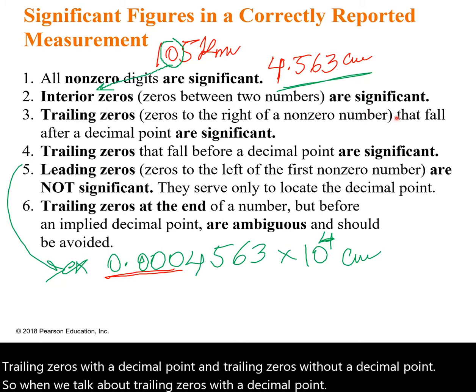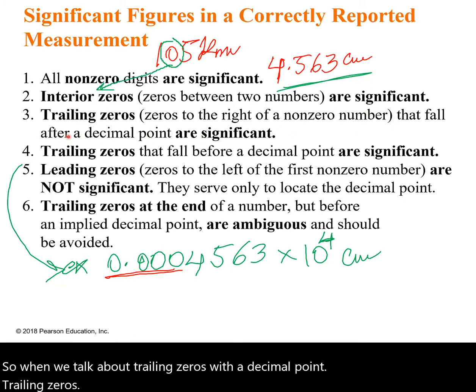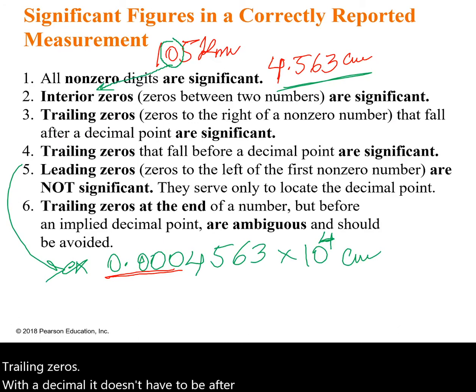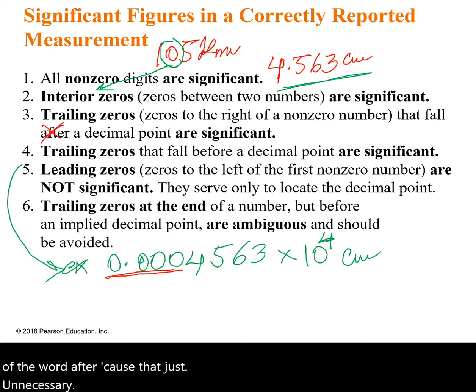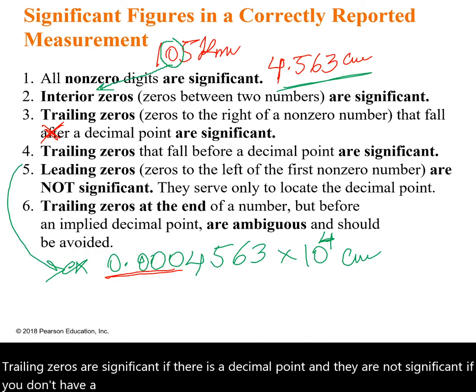It doesn't have to be after the decimal, so let me get rid of the word after, because that's unnecessary. Trailing zeros are significant if there is a decimal point, and they are not significant if you don't have a decimal point.